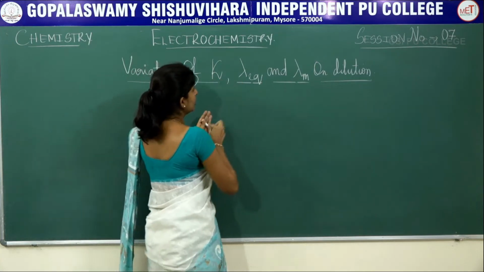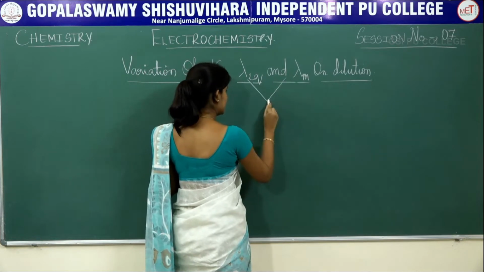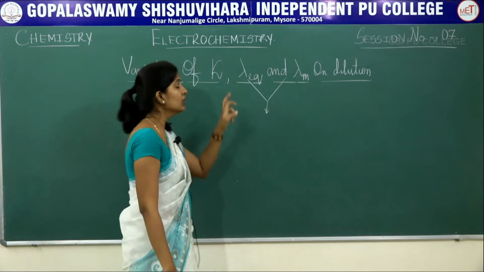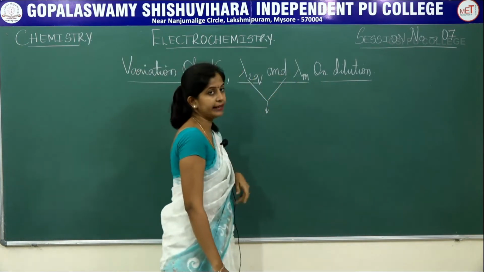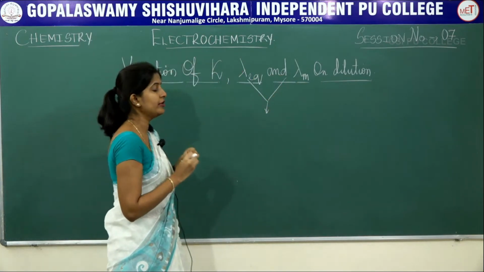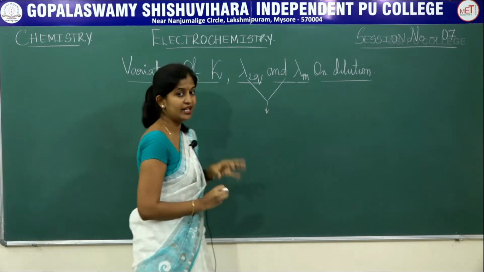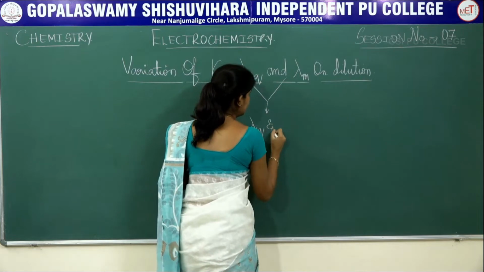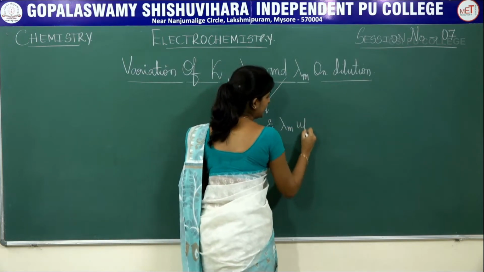Now what about your equivalent conductance and molar conductance? Both show the same pattern for dilution. That is, your equivalent conductance and your molar conductance show the same pattern of conductance for your dilution. Let us see what happens to lambda EQ and lambda M upon dilution.